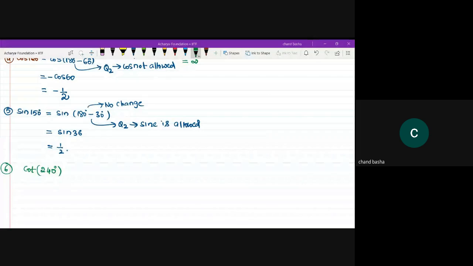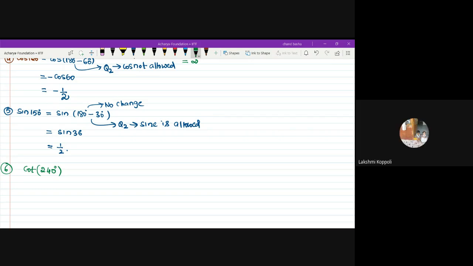You have to remember the tabular values, then only you can solve. Some of you said 1 by root 3, some said minus 1 by root 3. It is 1 by square root of 3.